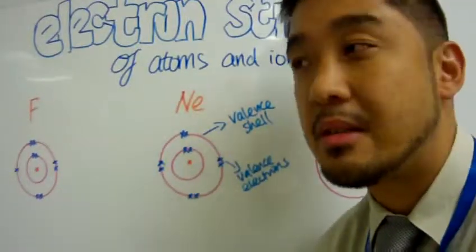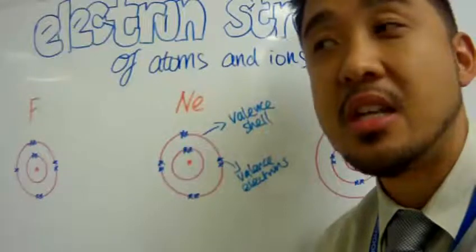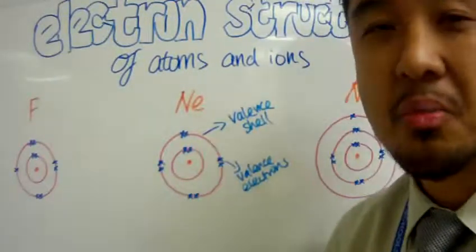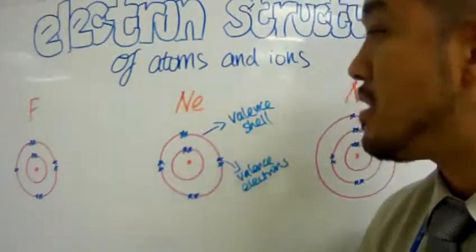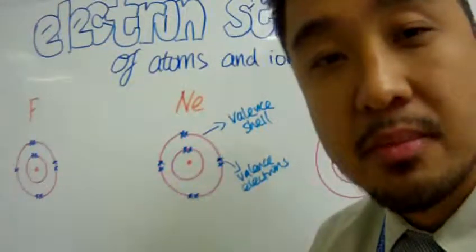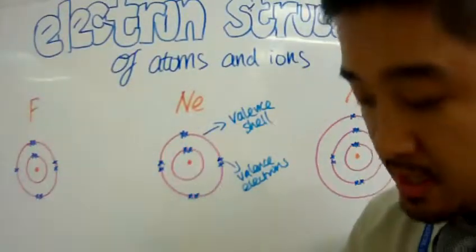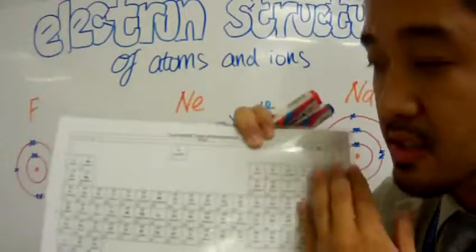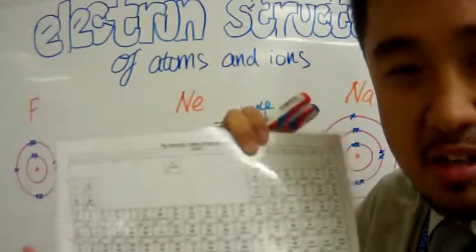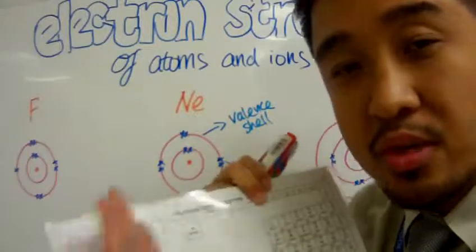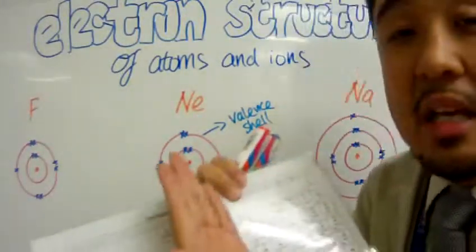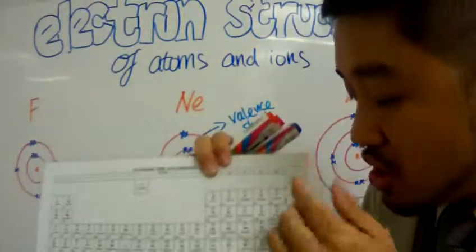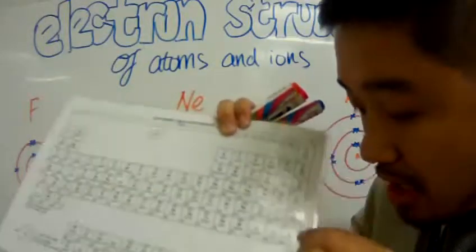Because it wants to use as much energy as possible in order to maintain stability. And so a lot of atoms out there, in fact all the atoms out there, with exceptions to the noble gases, are going to gain or lose electrons or share electrons in order to achieve this noble gas configuration over here.